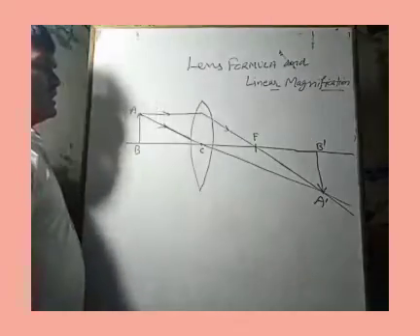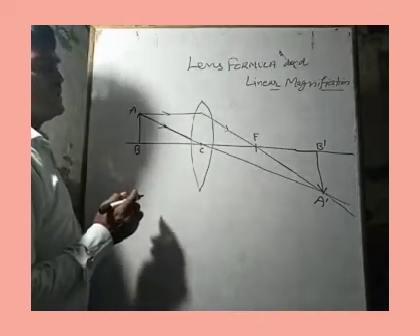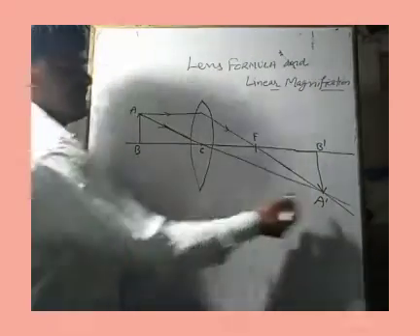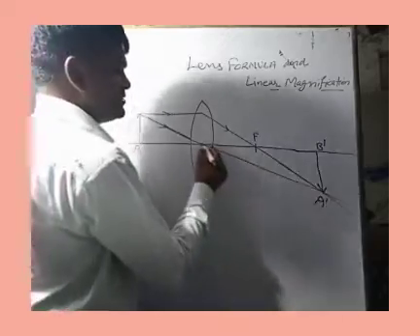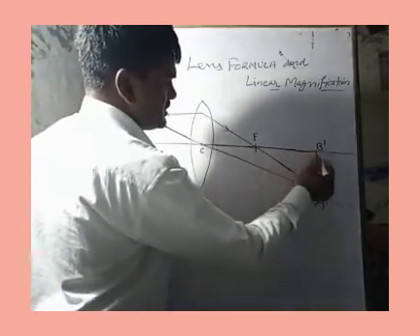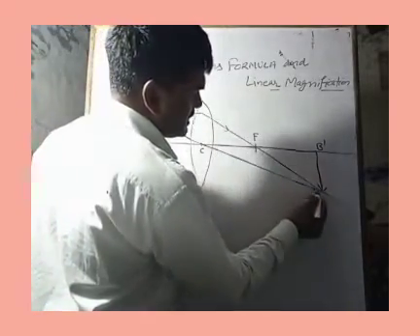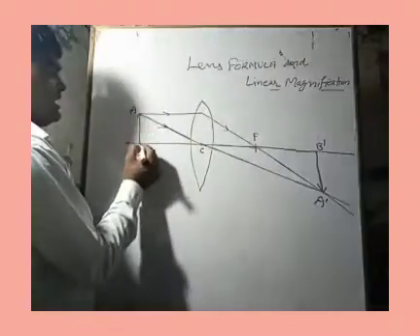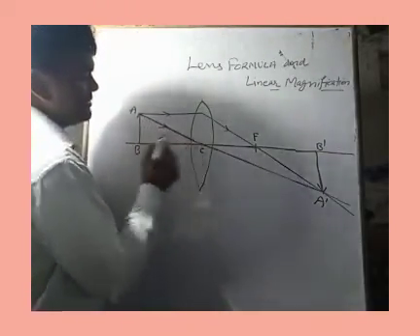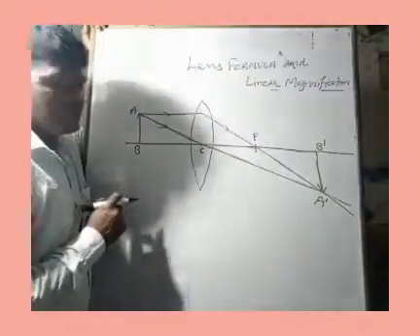Now we need to focus on these triangles, that is A dash B dash C and A B C. These two triangles we have to consider.